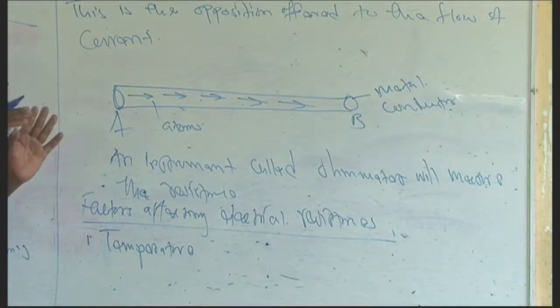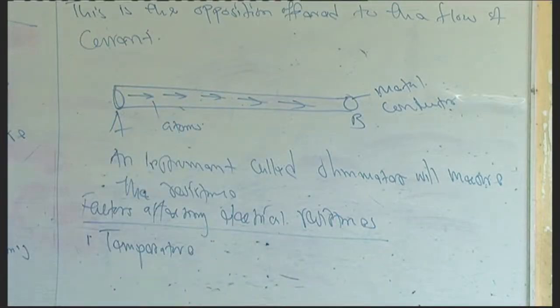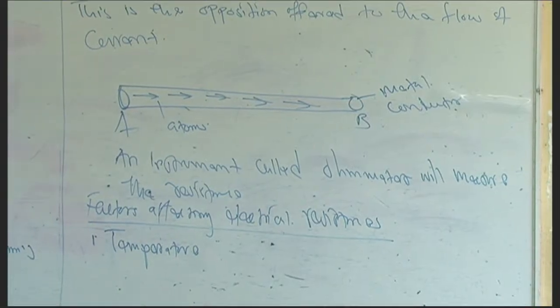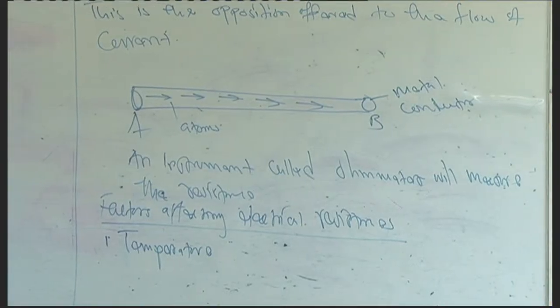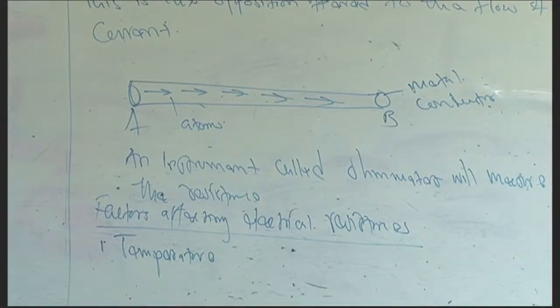When apparatuses are connected, and as current flows during this experiment, we have our cells, we have our ammeter, we have our variable resistor.